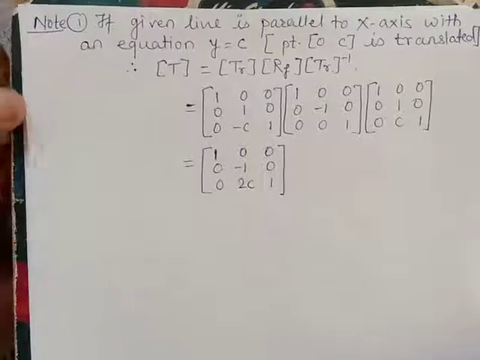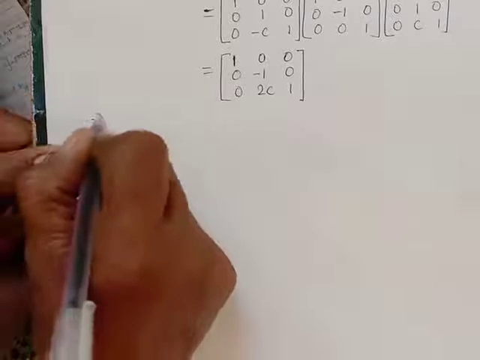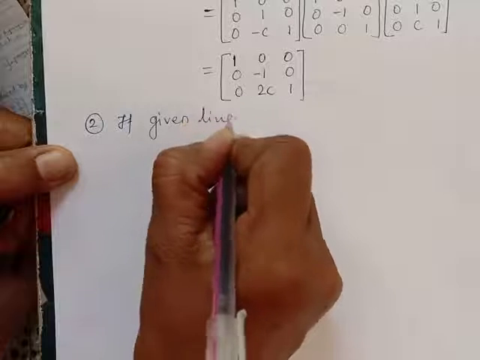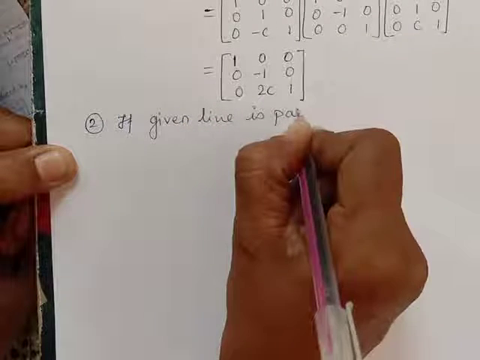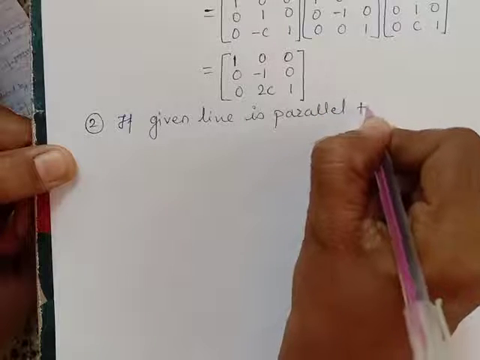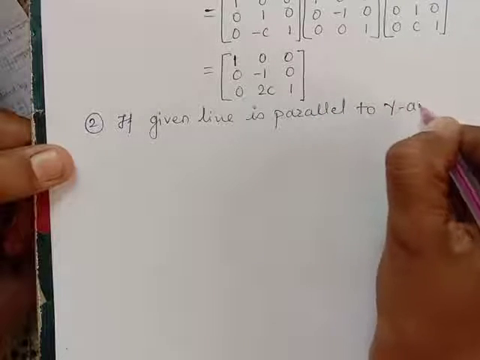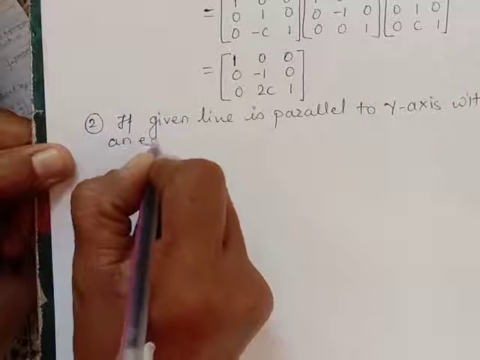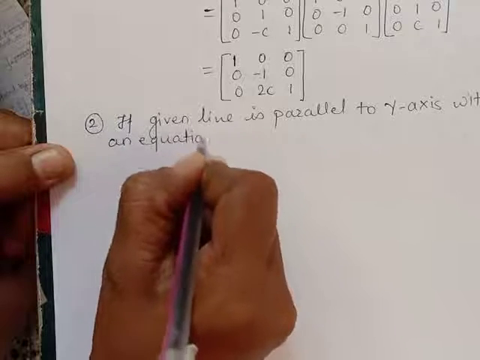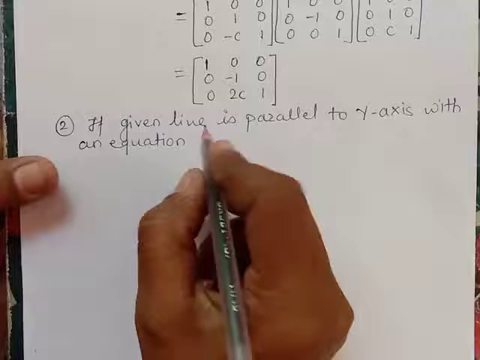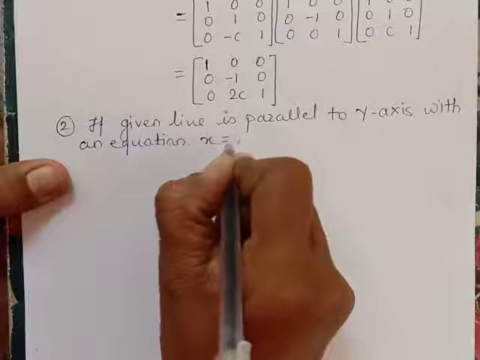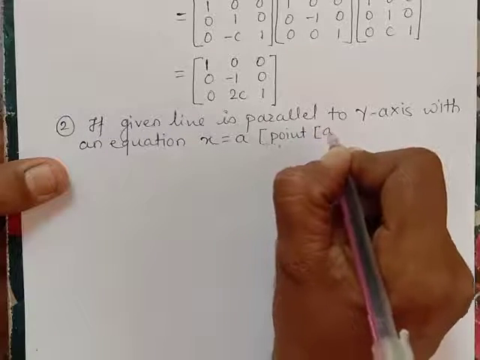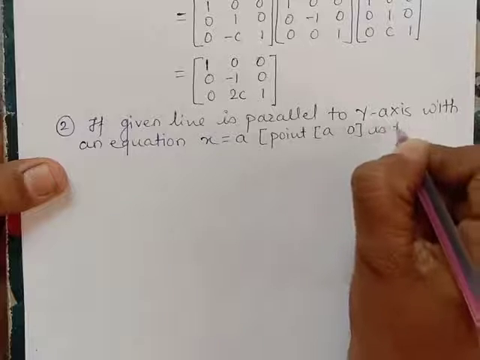Now a second note: if the given line is parallel to the y-axis with an equation x equal to a, in that case point a, 0 is translated.